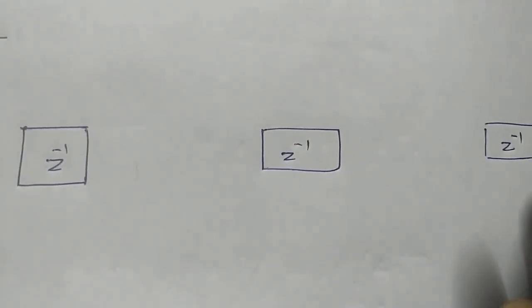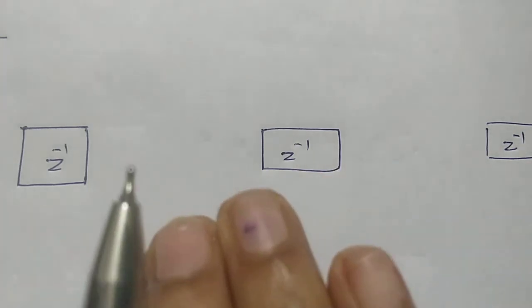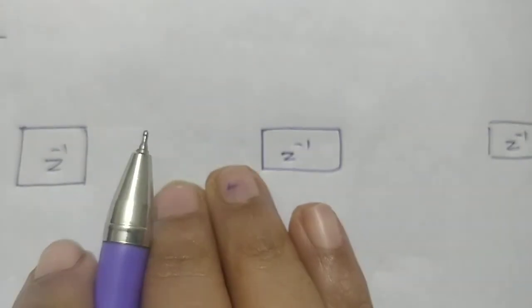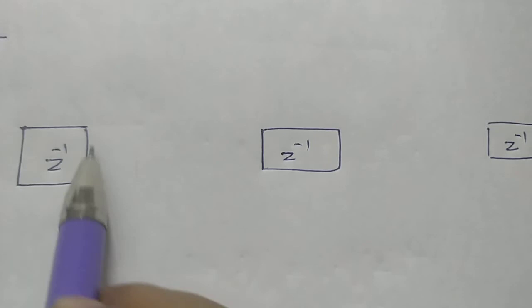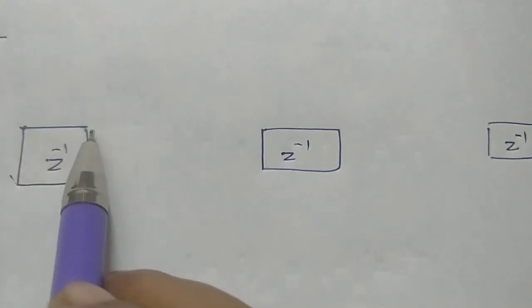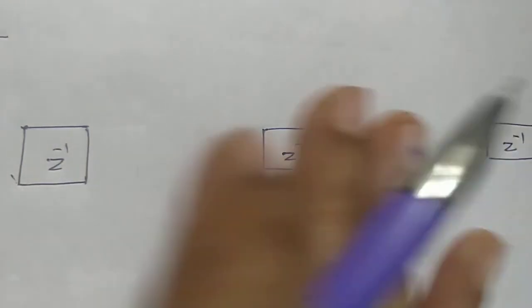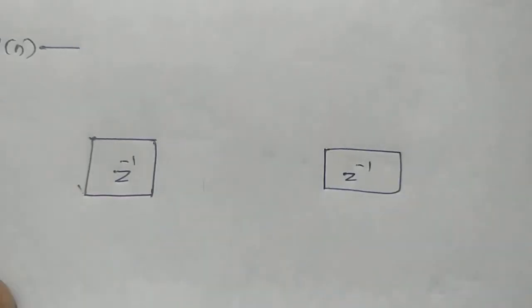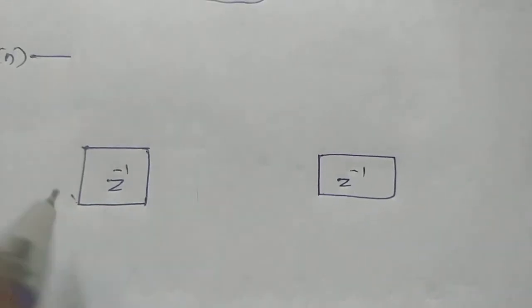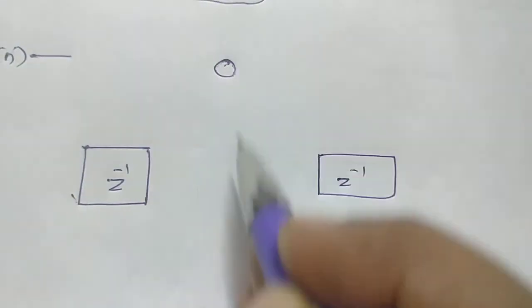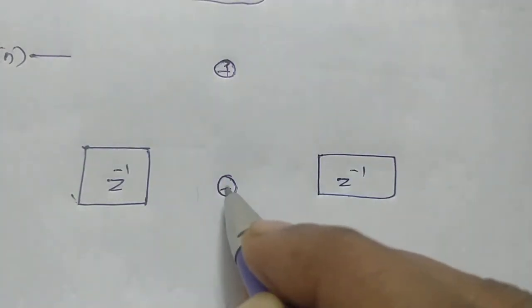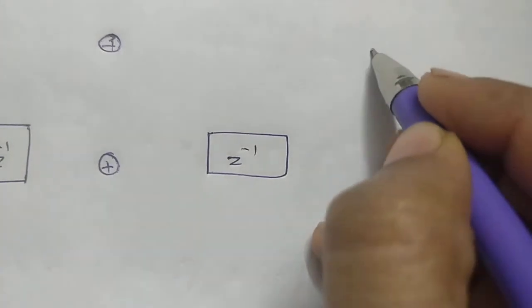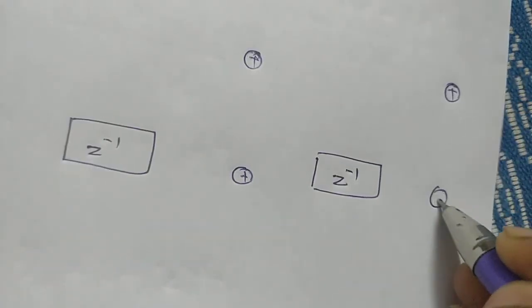Unlike the IIR filter realization, the adders come after the delay term. This z inverse is the delay term, and the adders are coming after it. In the IIR filter case, the adders come to the left of the delay term. Here, the adders come to the right side. Here a plus sign, here a plus sign.